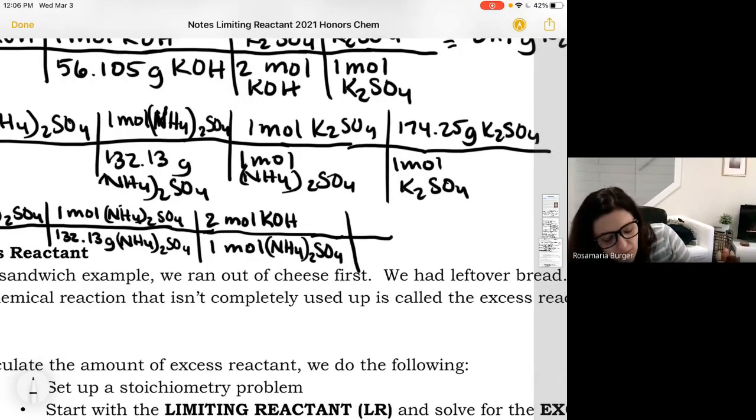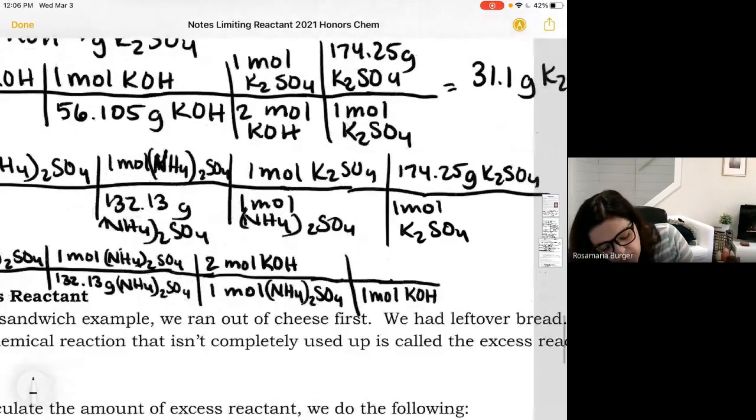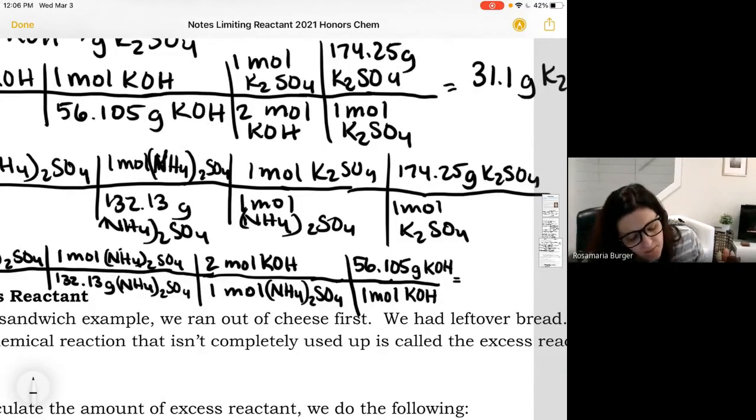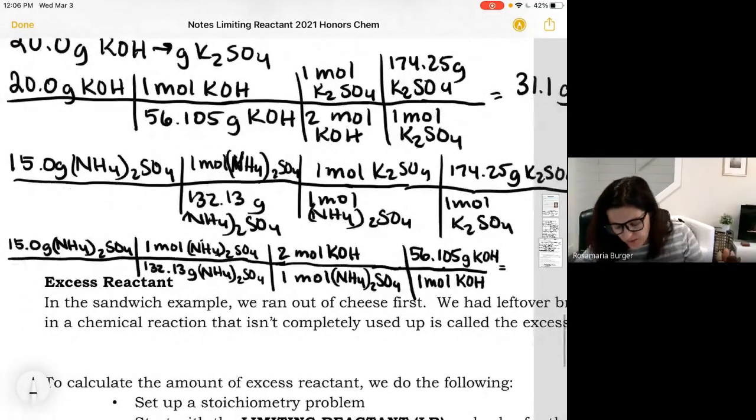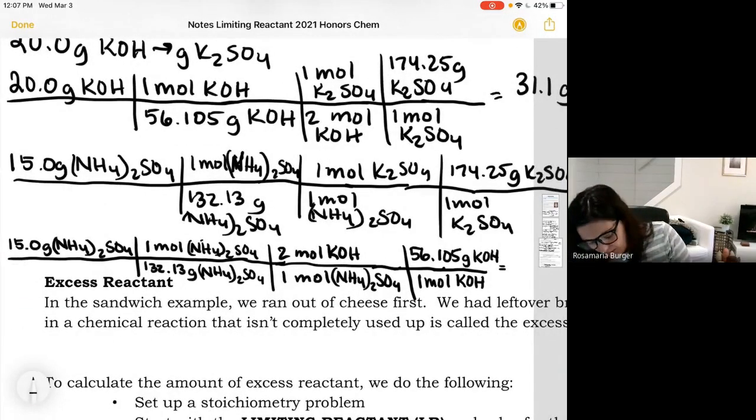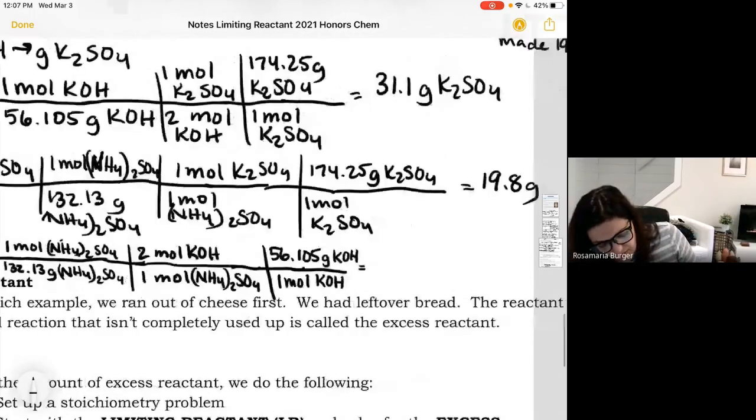And for every 1 mole KOH, it's 56.105 grams KOH. Okay, so let's do it. 15 divided by 132.13 times 2 times 56.105. Okay, that gets me 12.7. So 12.7 grams were used.